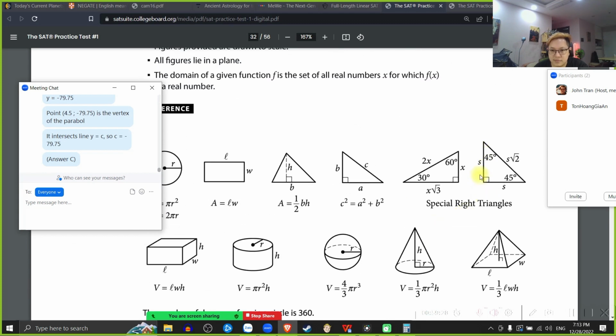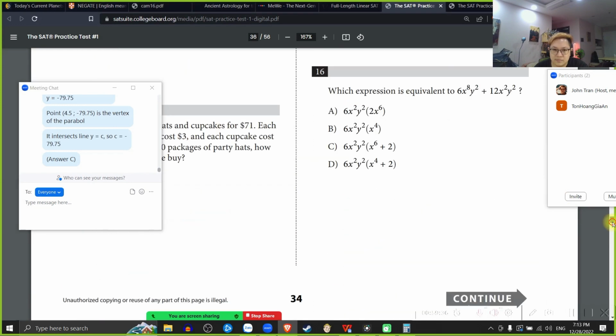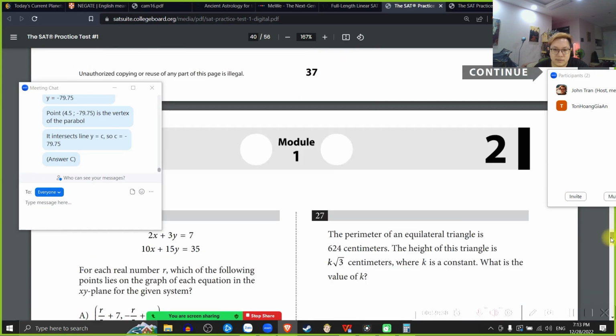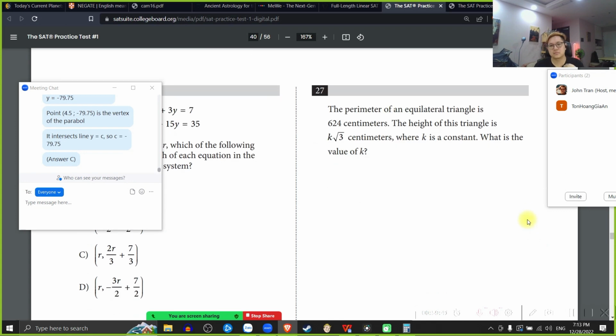Now they just give you an isosceles triangle, not an equilateral one. But anyway, there's a way to do it. They know the perimeter. So they ask you what's the value of k. So how did we do this one?